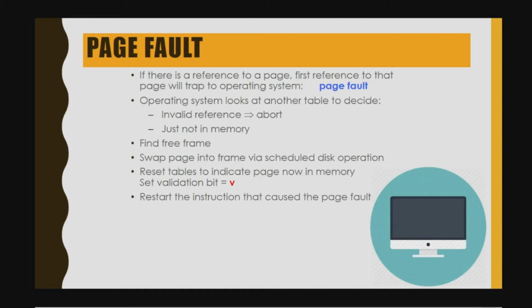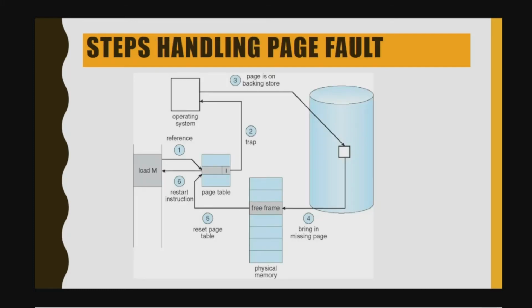This one is about how to handle the page fault. So these are the steps of handling the page fault. Number 1 is the reference. Load memory: from the memory, load the reference here, and then trap to the operating system. Number 2, trap.